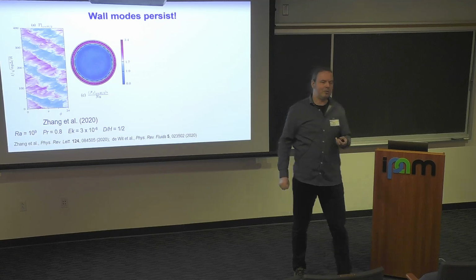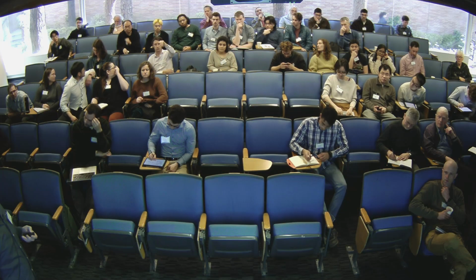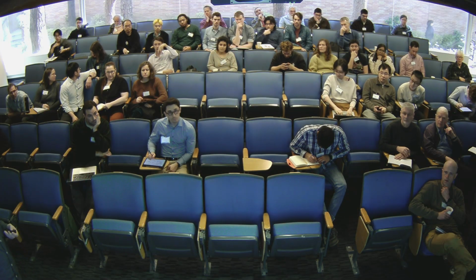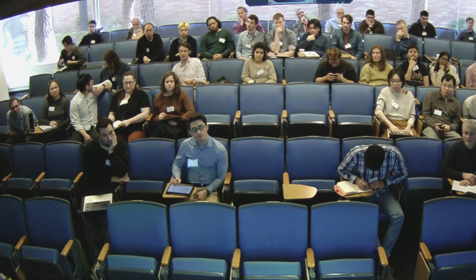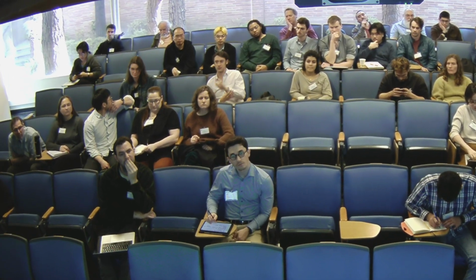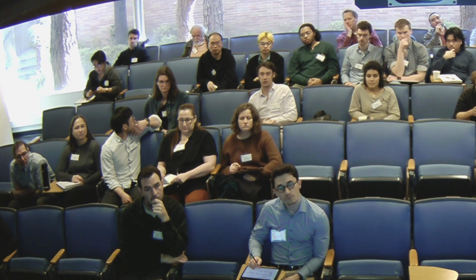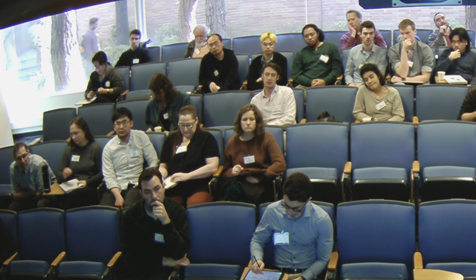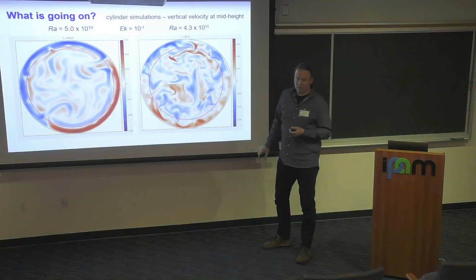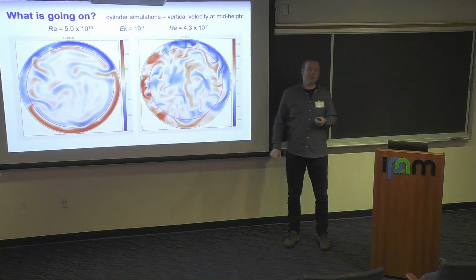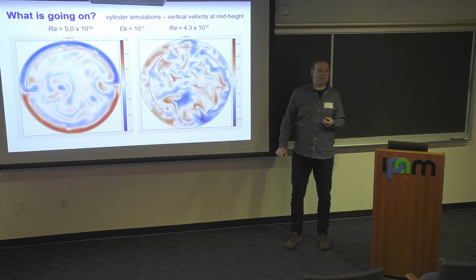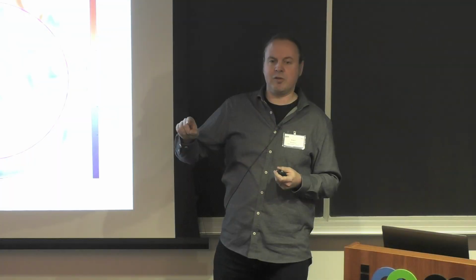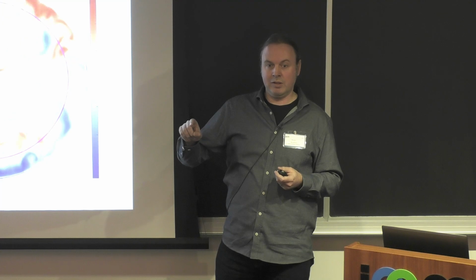Sorry, on the previous slide, you've drawn these suggestive purple circles. Was that just done by eye, or is there a prediction for that? So this is the radius, or the size of the boundary layer, according to our own criterion that is based on profiles of RMS vertical velocity.